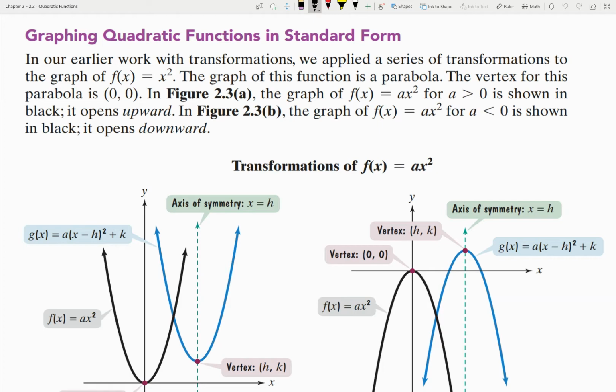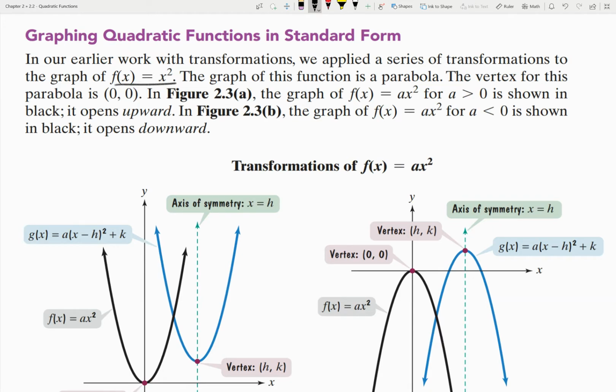In our earlier work with transformations, we used a series of transformations, right? Shifts left, right, up, down, vertical stretches, vertical compressions, horizontal stretches, horizontal compressions, and reflections. We use all of those to help us graph different functions. So now we can use these same transformations to help us graph x squared, right?